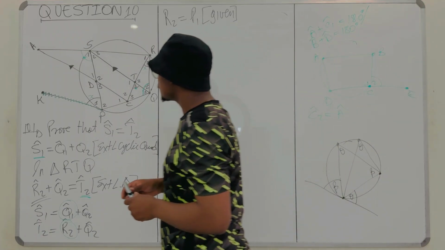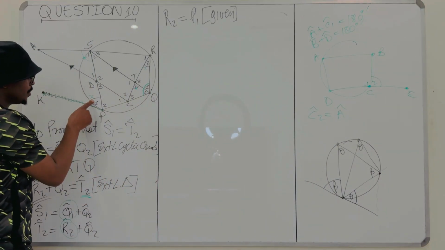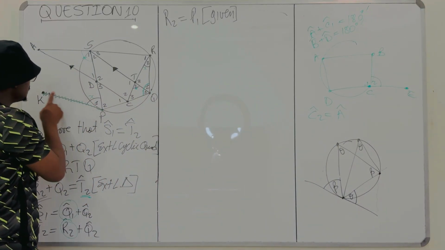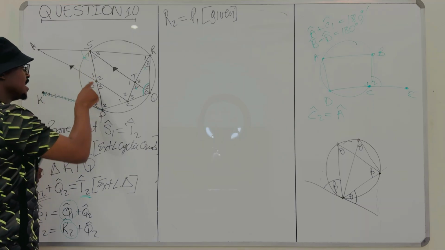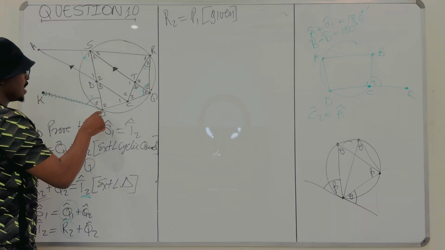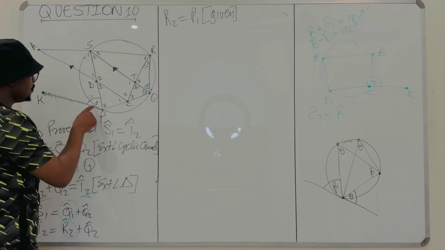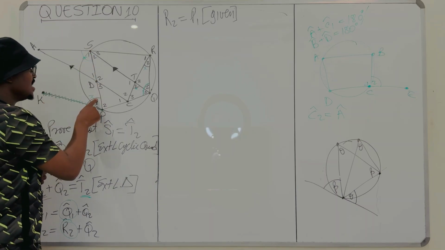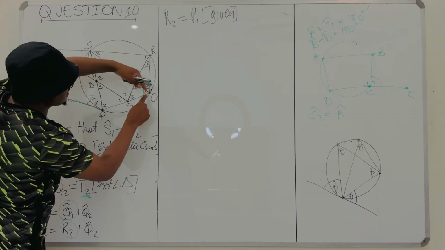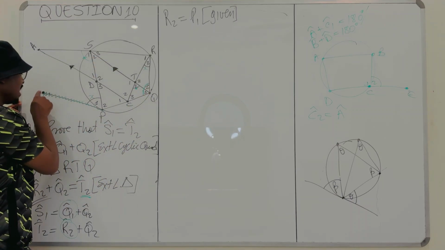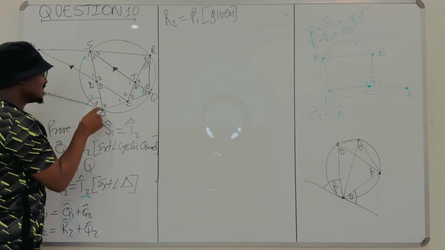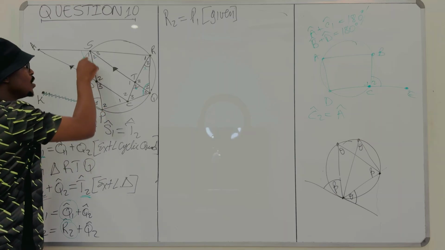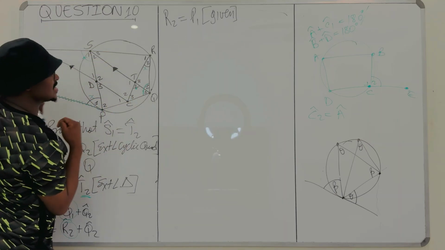Now, if you look here, here's your P1. P1 is between the tangent and this chord here, PS, right? Which means the angle between the tangent and this chord, which is your P1, is equal to the angle that this chord subtends on the other side. So the angle between the tangent KP and the chord SP is equal to the angle that this chord subtends on the other side.